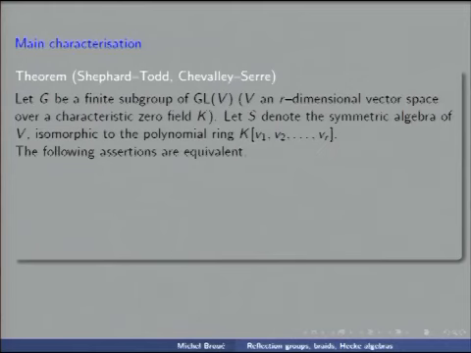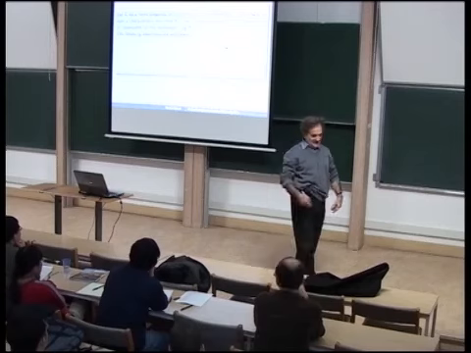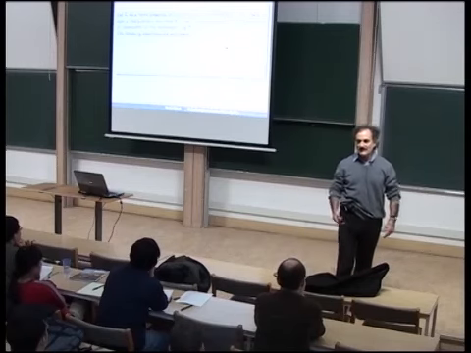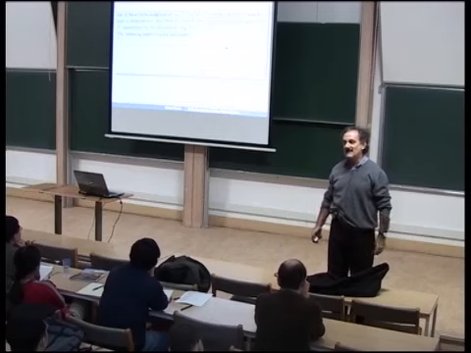Shephard-Todd in 54 classified the finite reflection groups in a sense I am going to tell you in a moment. And then after having classified them, they proved the theorem using the classification, essentially. Then Chevalley came and gave a kind of conceptual proof without the classification.